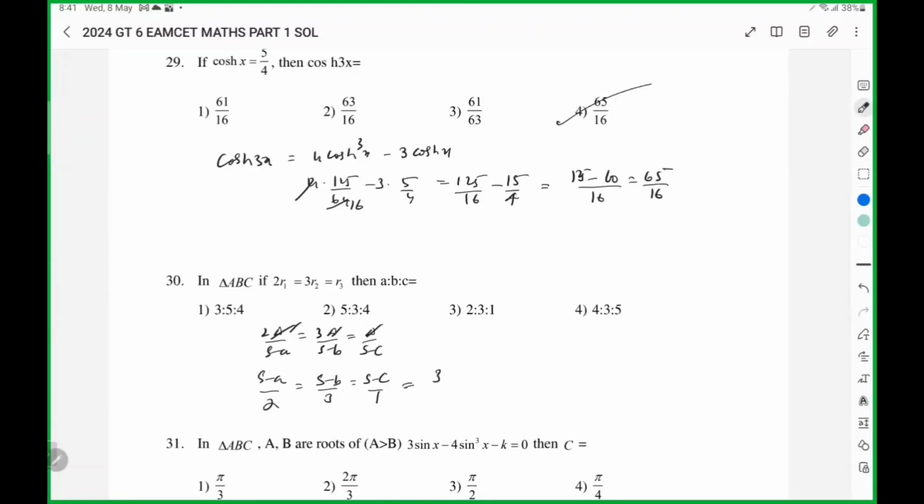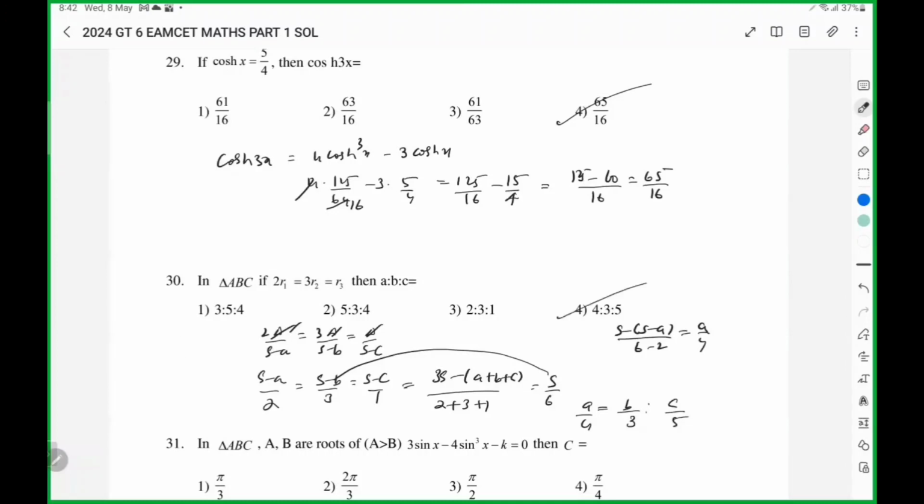Adding all those, 3S minus A plus B plus C. Here S by 6. If you want A, just S minus A by 6 minus 2. That is A by 4. So A by 4, similarly S minus B, B by 6 minus 3.